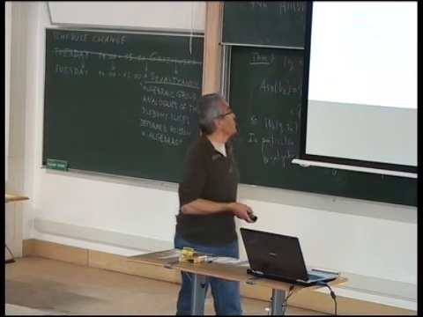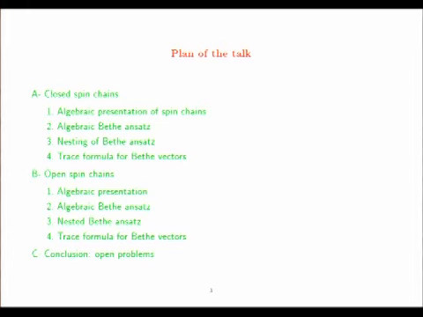So the plan of the talk, as I said, there are two big classes of spin chain I will work with, the closed ones and the open ones. So I will first speak about closed ones. I will present the spin chain in an algebraic framework.